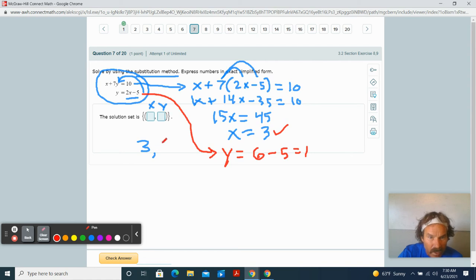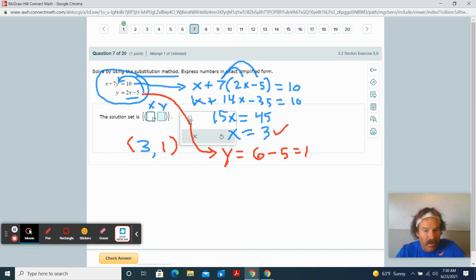So we got the x, we got the y; we plug the 3 in, we plug the 1 in. If we really wanted to make sure that this was the solution, we could plug in 3 for x and 1 for y in both equations, because that point is where these two lines intersect.